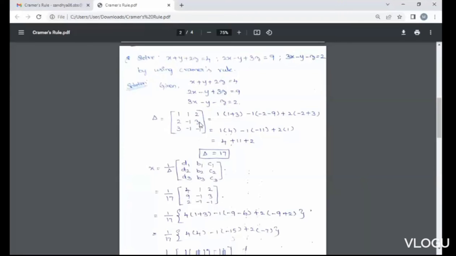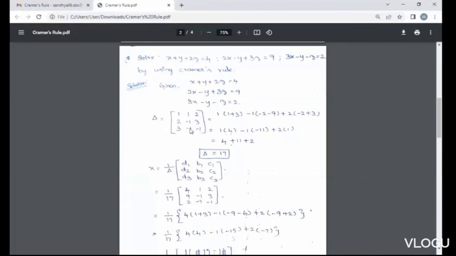So here we have to find the determinant value. See, the first element is 1. It is a positive element. 1 is in the first row, first column, so we leave that first row and first column, and take the cross multiplication of the remaining elements. Minus into minus is plus.